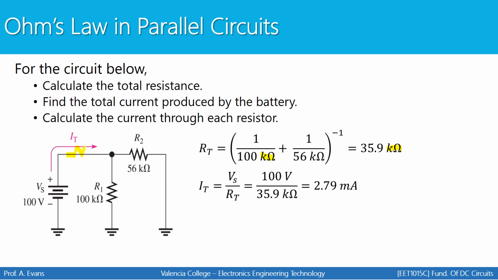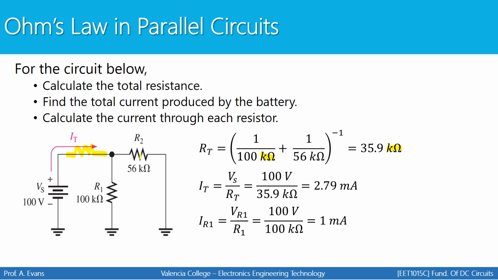If there were another resistor right here, I could no longer say that R1 has a voltage of 100 volts, because this resistor is going to have a voltage drop as well. So when we're determining resistors in parallel and what the voltage might be, you can only say that these resistors have a voltage that's equal to the source if they're truly in parallel with the source, meaning there's no other resistance along this path.